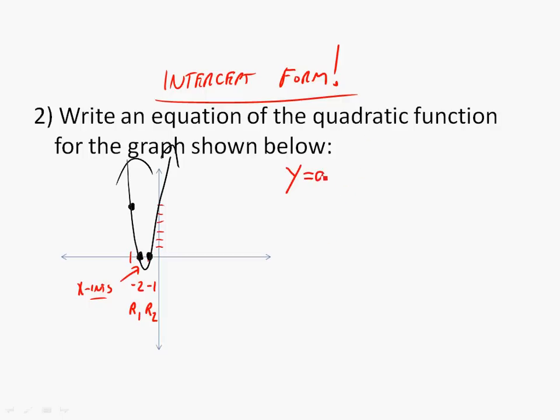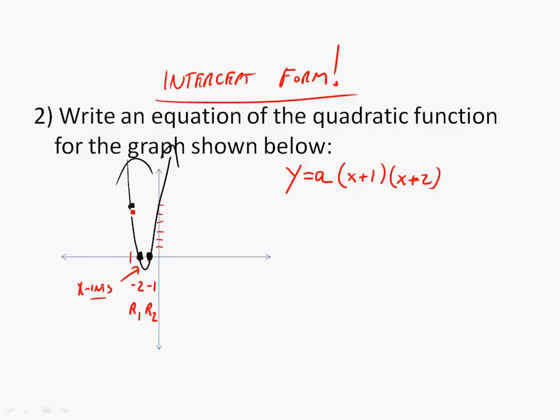I don't know my a value, the stretch or compression, but I do know, because the roots are -2 and -1, that the factors will have the opposite signs. And so I have y equals a times x plus 1 times x plus 2.